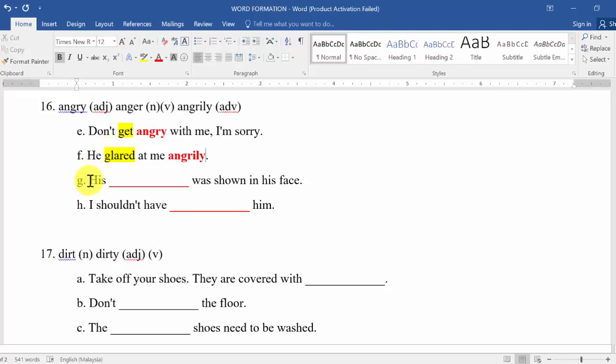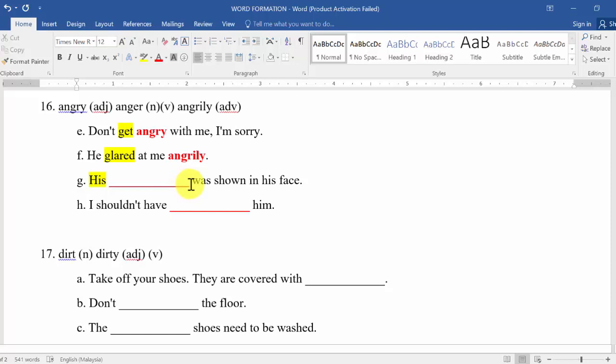G. His what was shown in his face. Highlight his. When you have possessive pronouns like his, her, mine, our, the next word should be a thing, something.